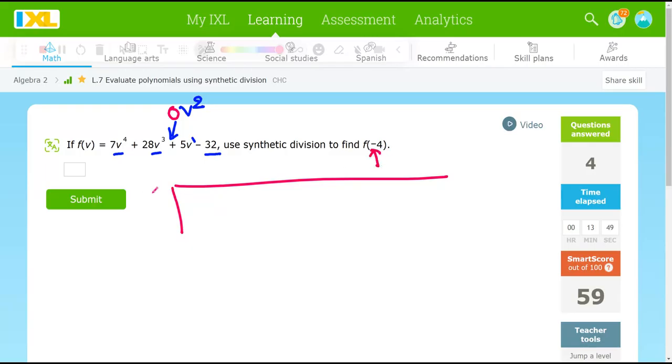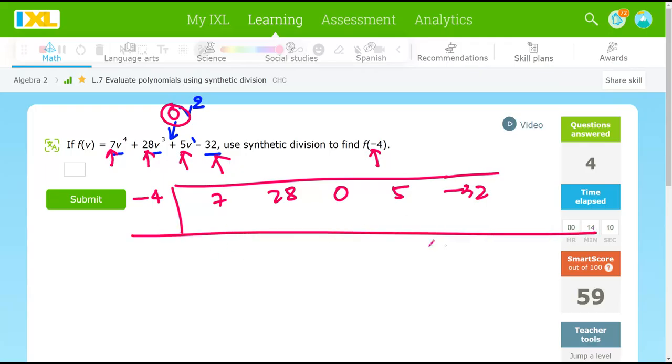Negative 4, I put negative 4 exactly right there, okay? So now let's fill in these coefficients, number 7 right here. Negative 28, and then the next one has to be this 0, okay? 0, and the next one is number 5, and the next one is negative 32. Okay, draw a little line right here, leave extra space.